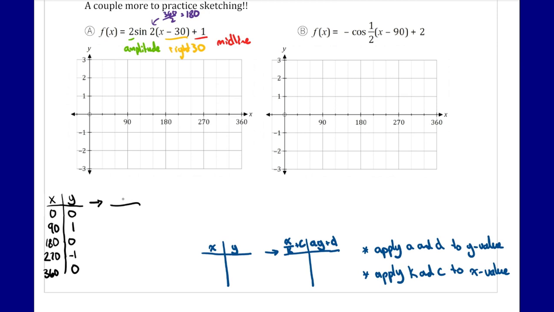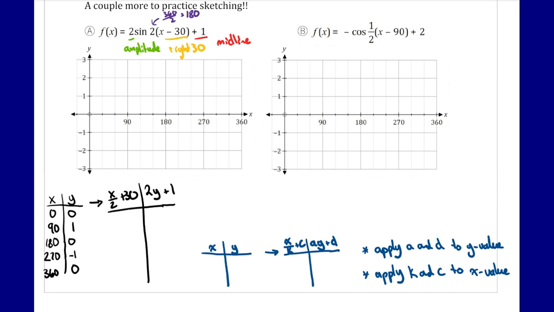The transformed function now, using this mapping notation, is x divided by k, so x divided by 2 plus 30. Again, opposite of what we see for that c value. And then our y value is going to be 2 times y, because of the a value, plus 1.